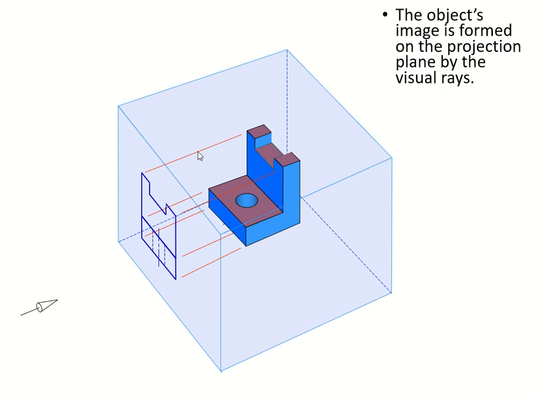Now you can see it looks neat and tidy, a very nice 2D. And these are your visual rays here. So a 2-dimensional projection is completely formed on this plane by these visual rays, because without the rays it will be difficult for you to capture the image of it.